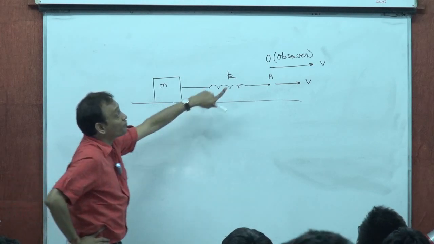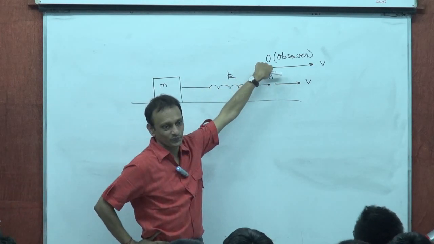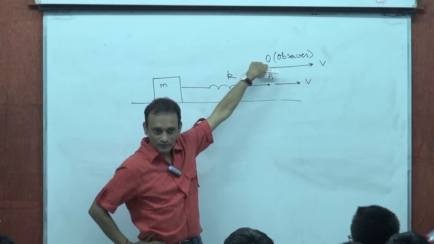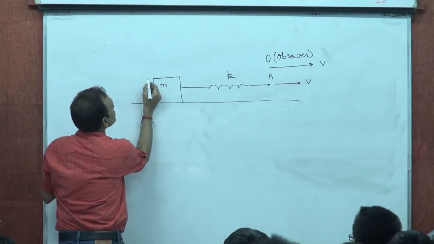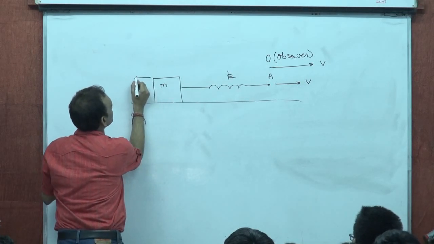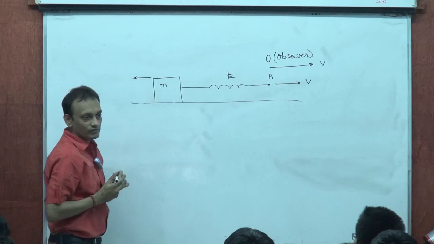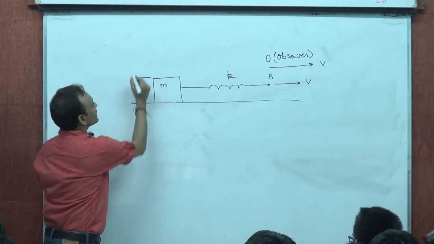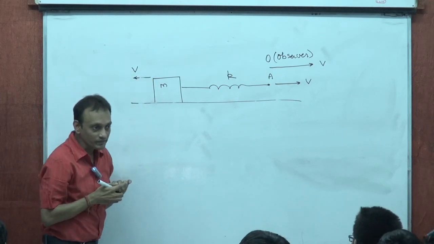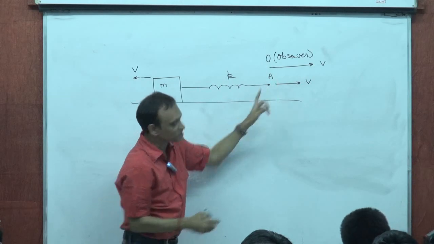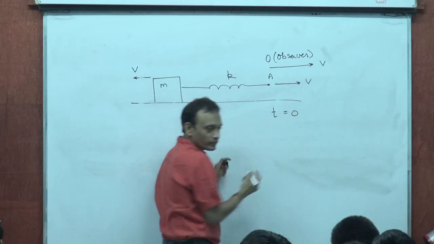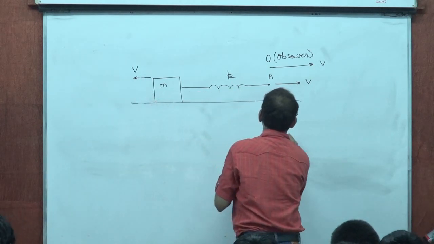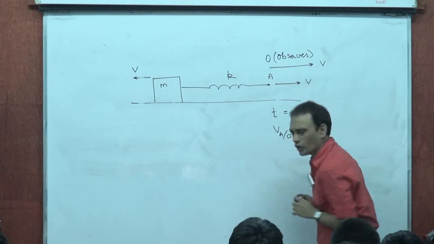Now, in a frame of reference attached to O, this will move in this direction with a velocity v at this instant of time. Yes or no? At this instant of time, t equal to 0. And the velocity of A as seen by the observer will be 0 at all times.